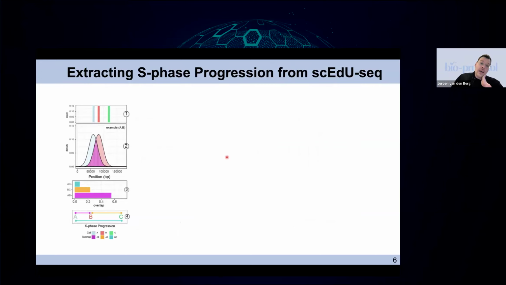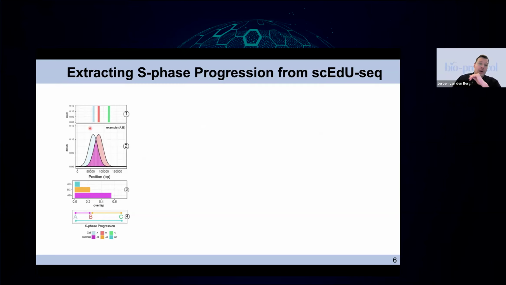And for this, we made one assumption, and the assumption was that once DNA replication occurs, it occurs linearly on the DNA. So that means that once an origin is firing, the DNA replication machine moves from point A to point B in a linear fashion. That means that if you look at it on a genome, a replication machine that is a little bit further in S phase will have progressed a little bit further.